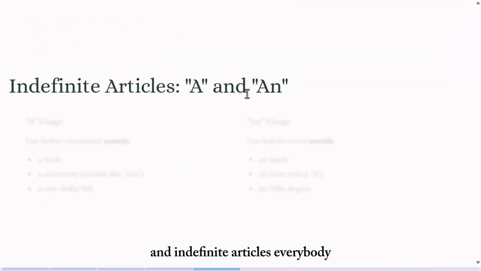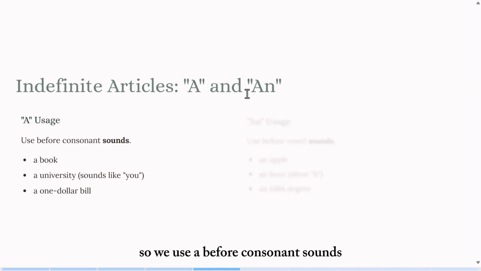And indefinite articles, everybody, as I mentioned earlier, we've got two kinds of indefinite articles, which are a and an. So we use a before consonant sounds. Once again, everybody pay attention, it is not consonant letters, it's consonant sounds. Like a book, a university. So why do we use a for university, although it starts with a vowel letter?